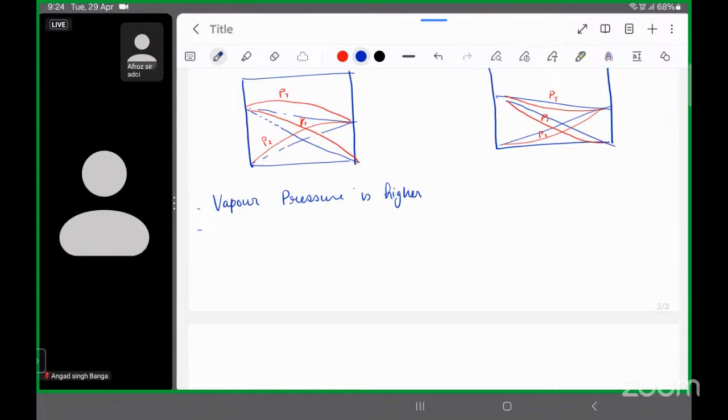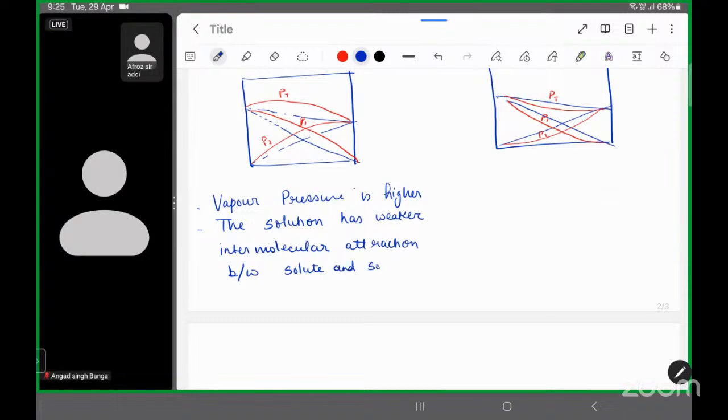So here the solution which is formed has weaker intermolecular attraction between solute and solvent.